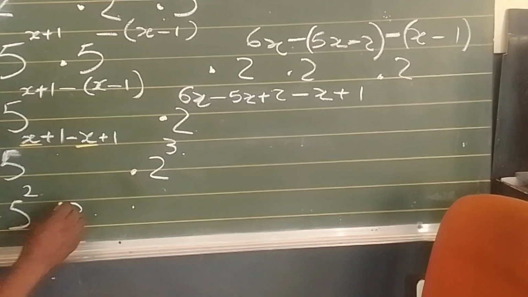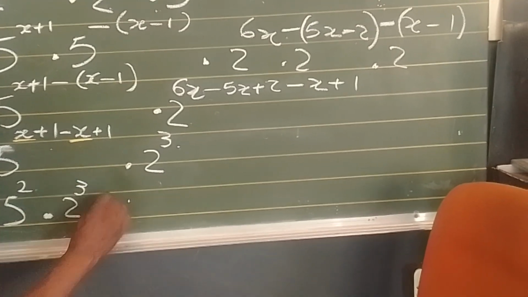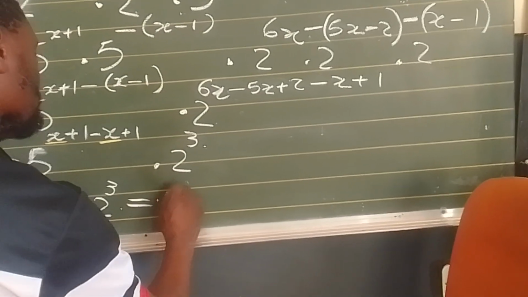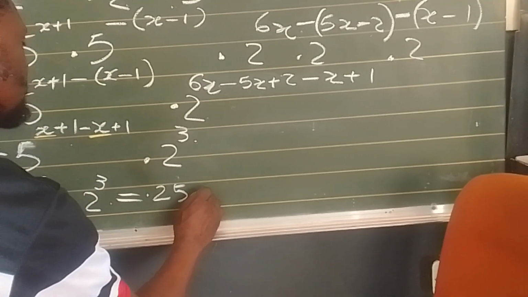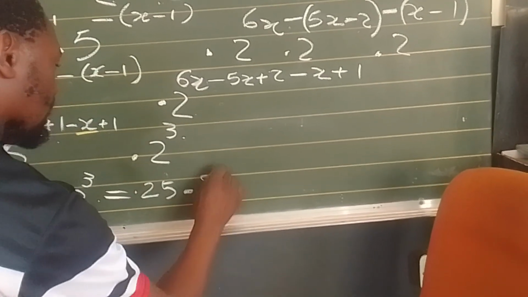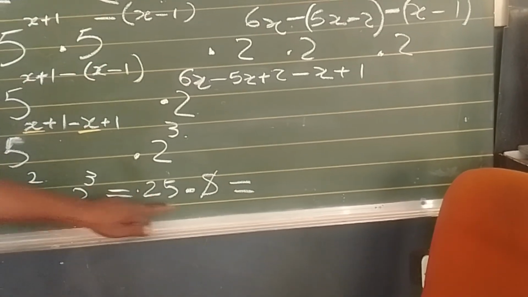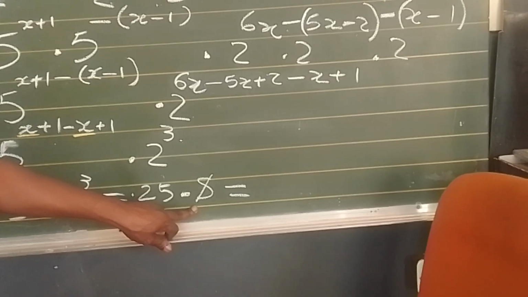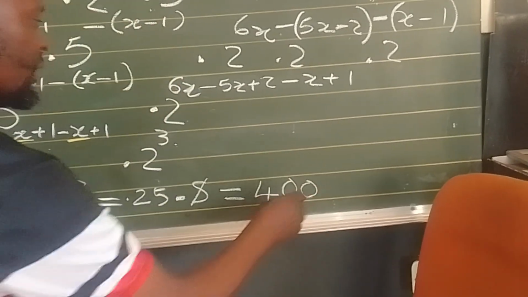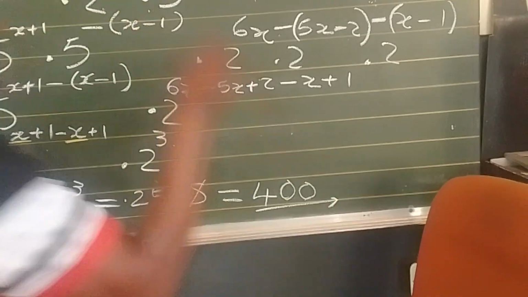Now 2 to the power 3 here and 5 squared will be equals to 5 times 5, which is 25, times 2 to the power 3 is 8. So a 25 times 8 is going to give you a 400. This is your final answer.